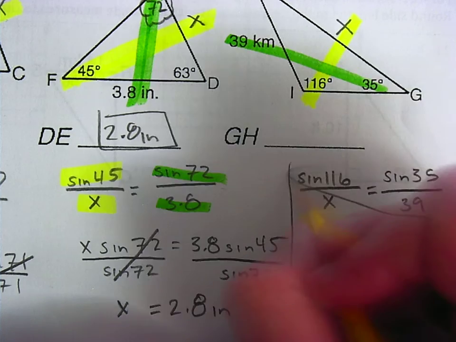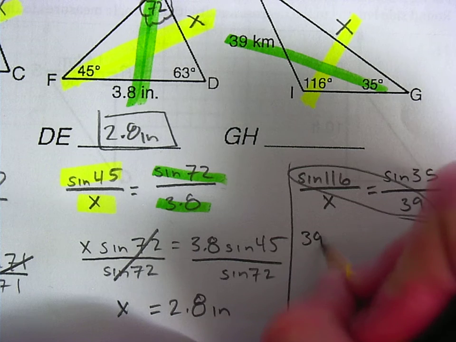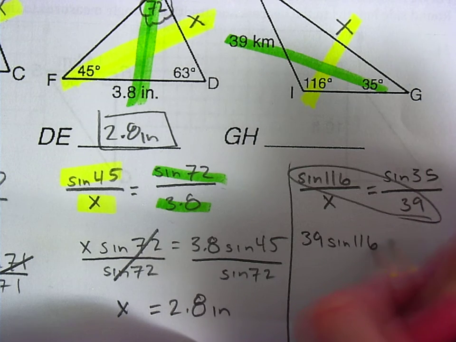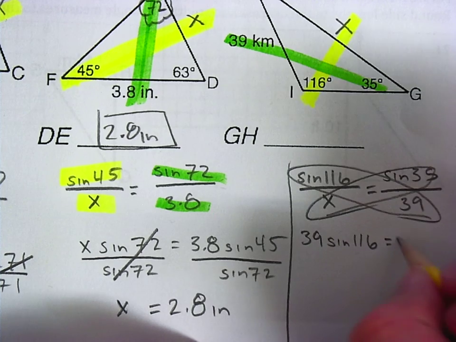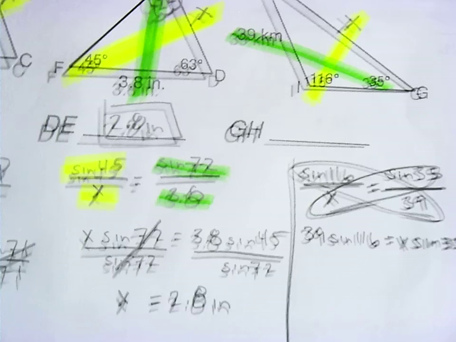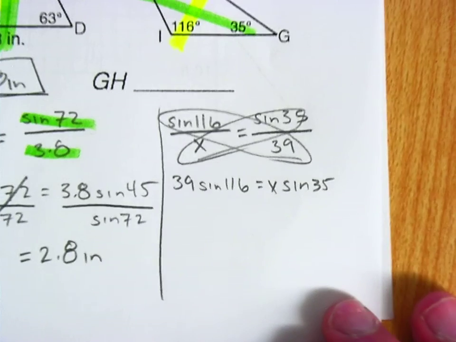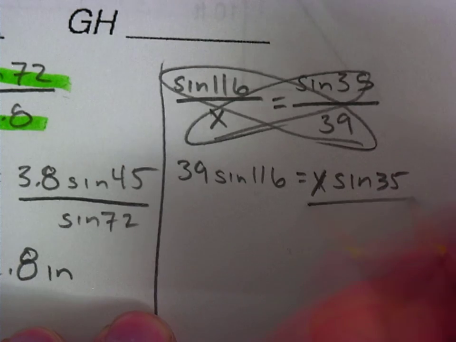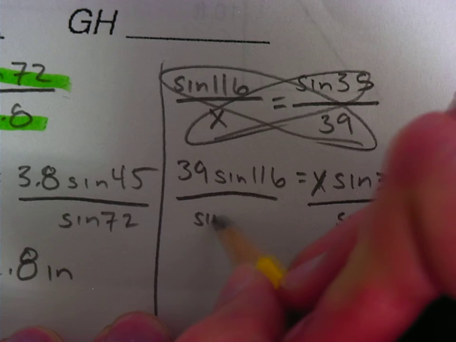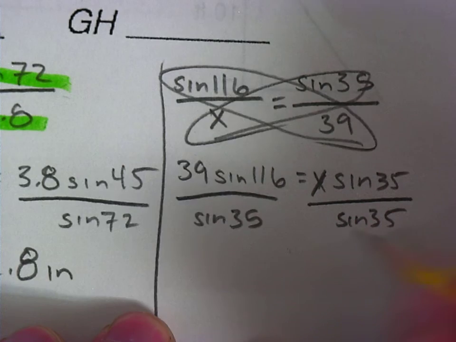Alright, well we just cross multiply and solve. 39 times the sine of 116 equals x times the sine of 35. Right, now we just want to get x alone. So instead of x times sine 35, to get rid of that sine 35, we divide by sine 35.